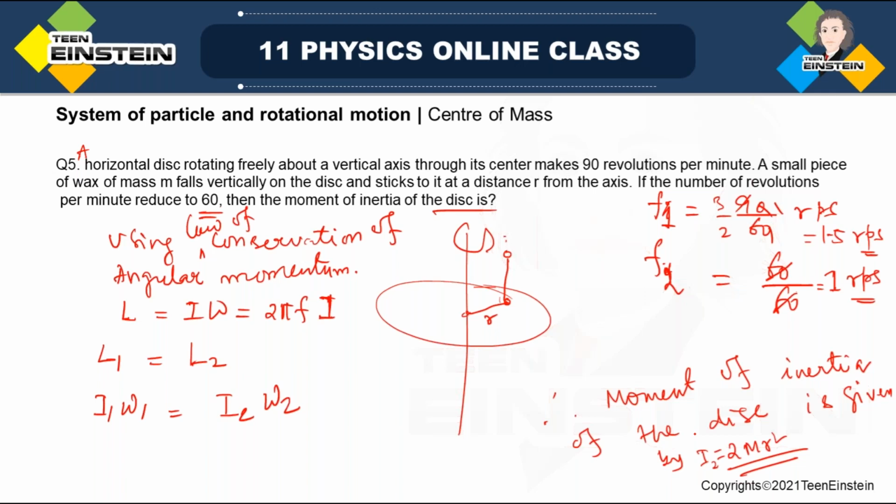Sorry, not I2, the original moment of inertia I, 2 m r square. So this is how you have to calculate problems like this.